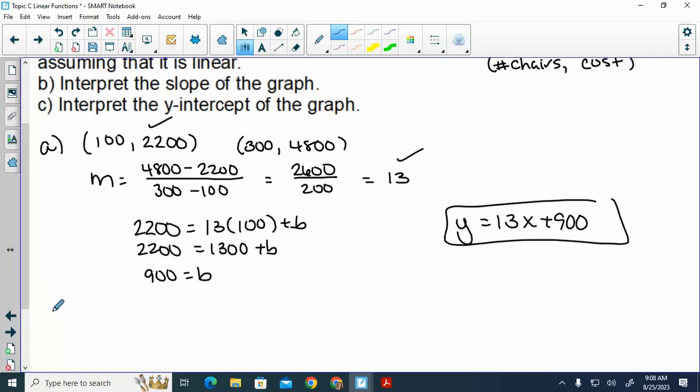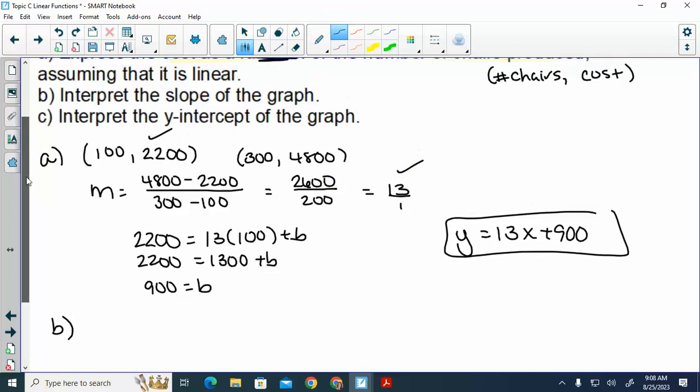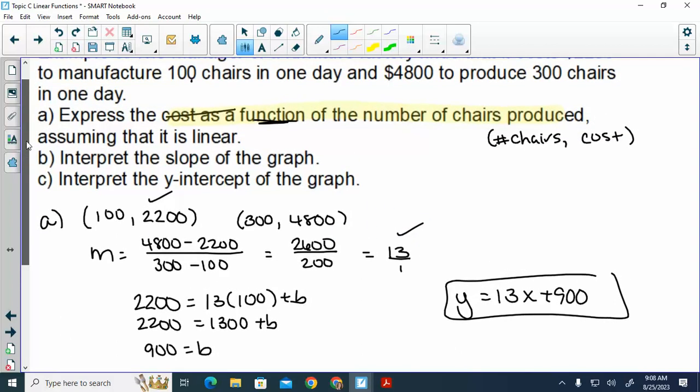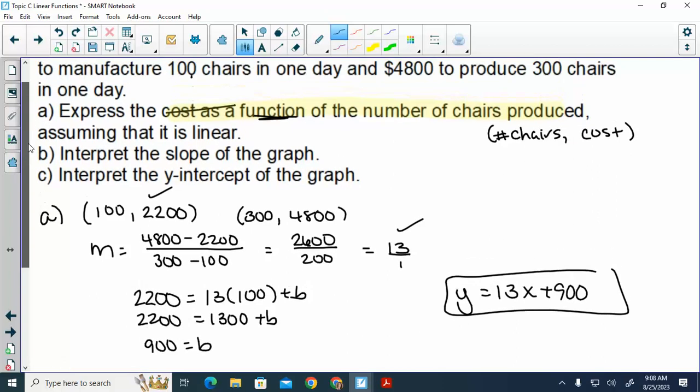B, interpreting the slope. I'm wanting a sentence. So if we think of the slope as a fraction, the top were those y values. What were the labels on those y's in the problem? 4,800, 2,200, those were dollars.